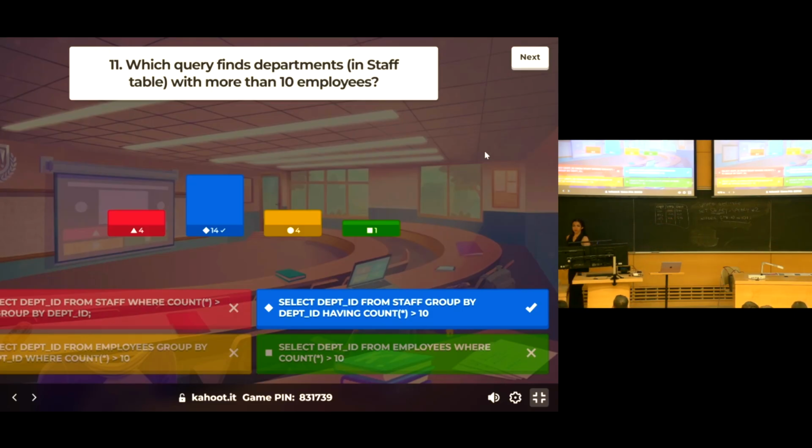If we want our result to be departments with more than 10 employees, there should be a table. Your result should look like a table, for example, department ID B10, B15, B20, and so on, with the count of employees, but only those departments that have more than 10 employees.